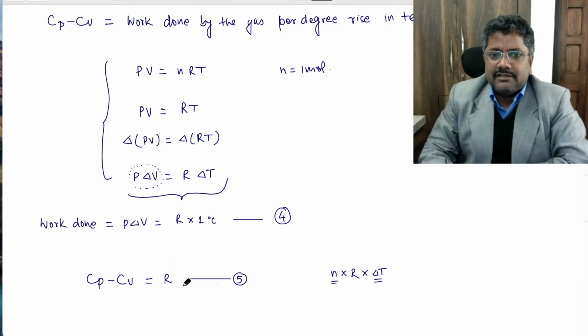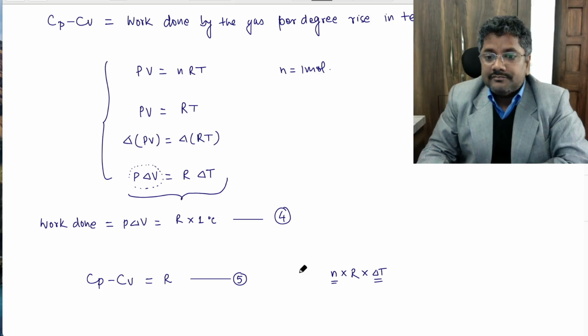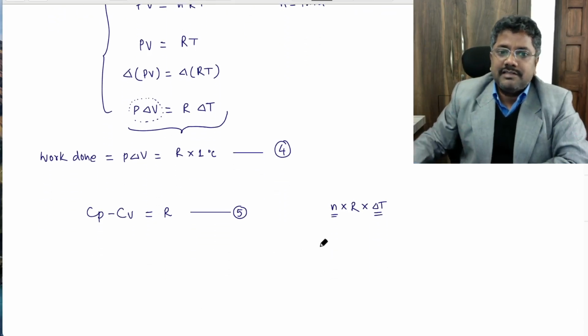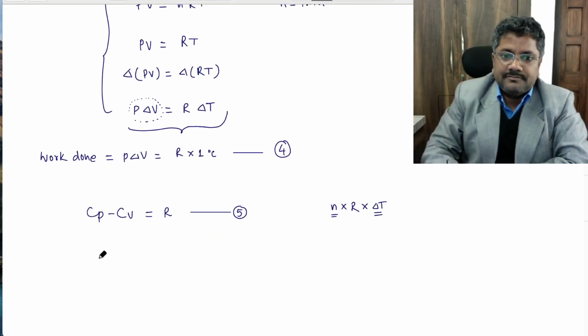So basically this is for 1 mole. Suppose n moles are there, then what will be the formula? Cp minus Cv is equal to what? This is for 1 mole, so we can write this.